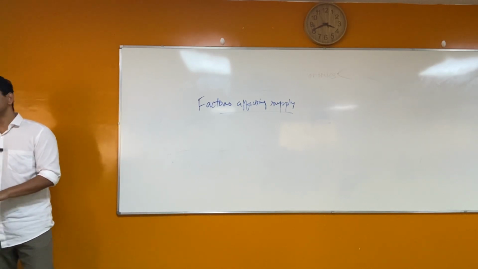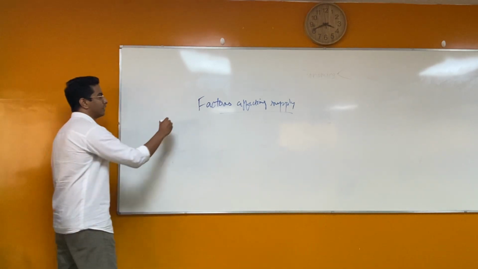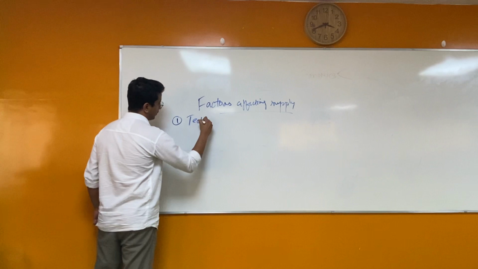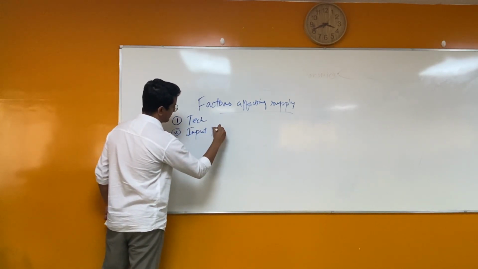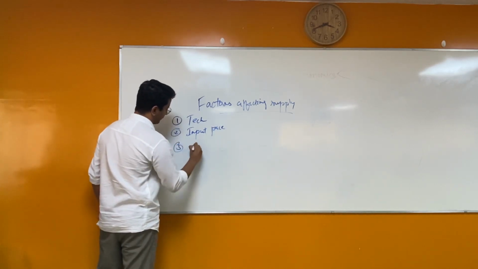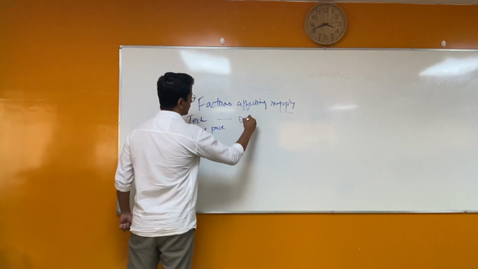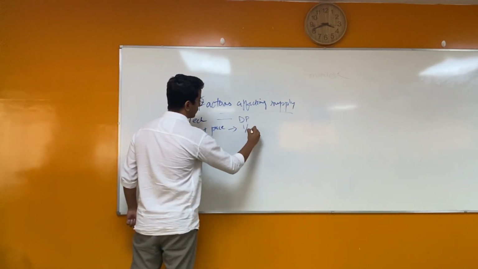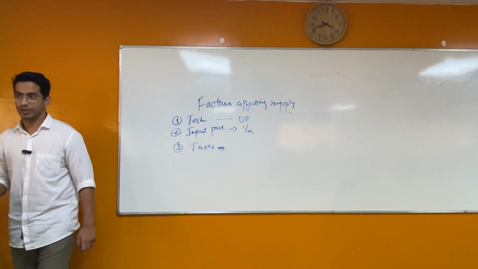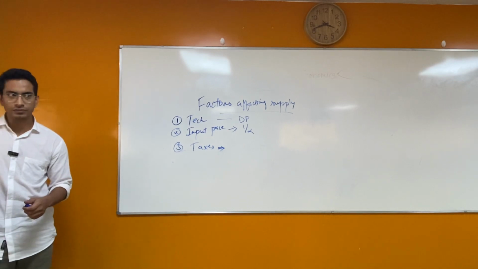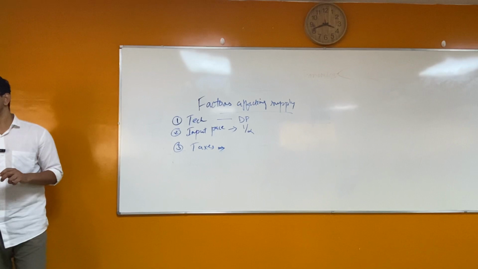What about taxes? So first one was technology, second, input price. This is directly proportional. This is inversely proportional. Again, if you put taxes on supply, what will happen? Any tax, do you think people will prefer it?